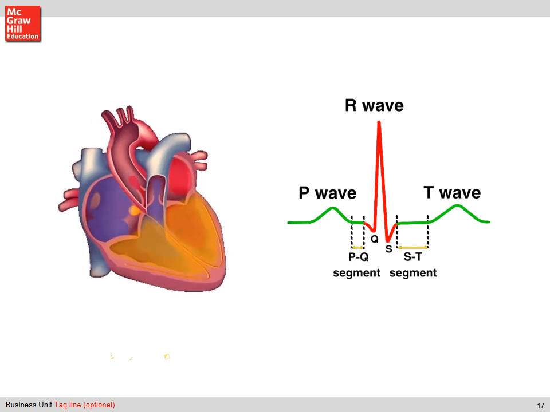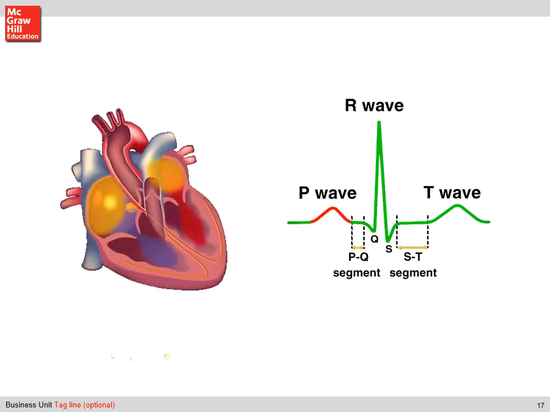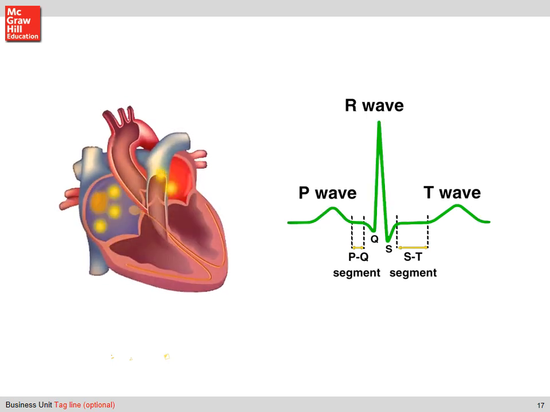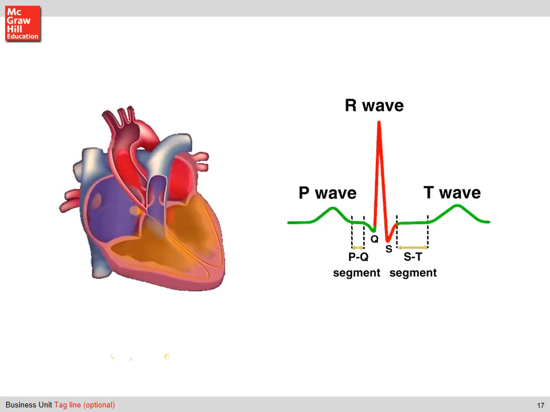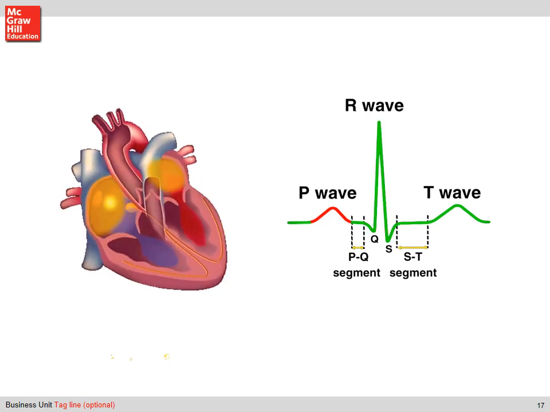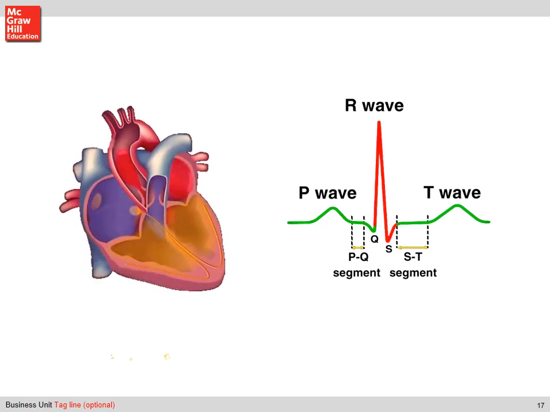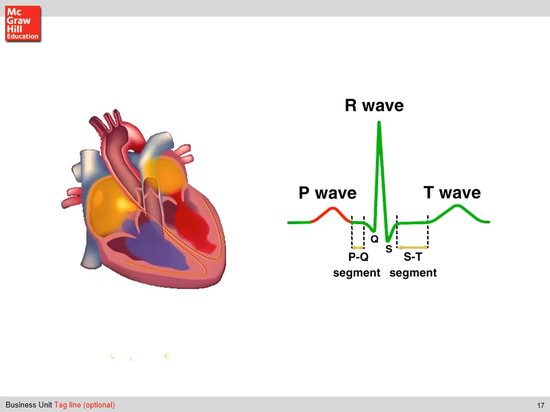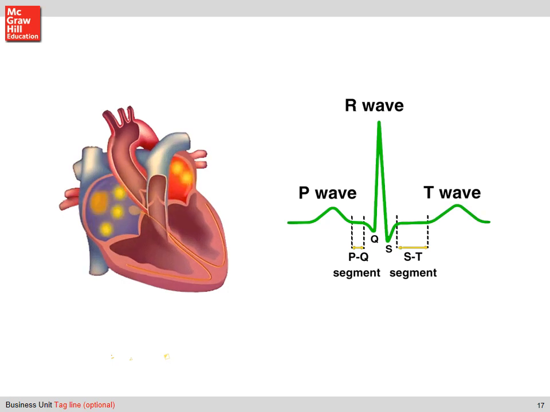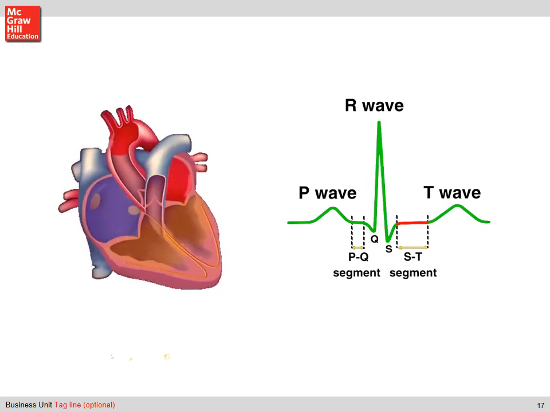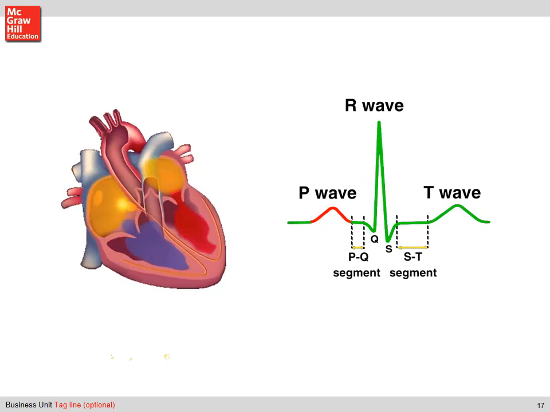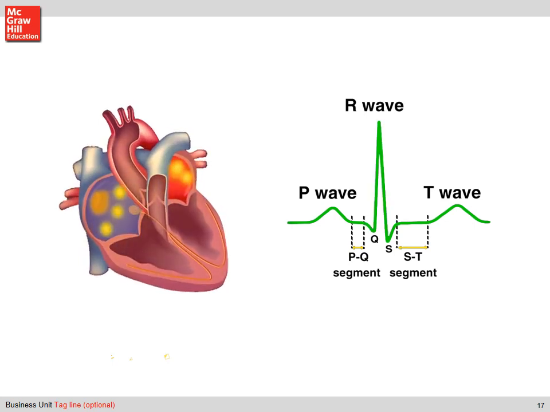Here is just another illustration showing you how on the left-hand side you're spreading that electrical current and how that corresponds with the EKG waves that you're seeing. You could see at the same time that I'm communicating with my pacemaker and sending it down over to my AV node, I'm going to notice that the P wave turns red.